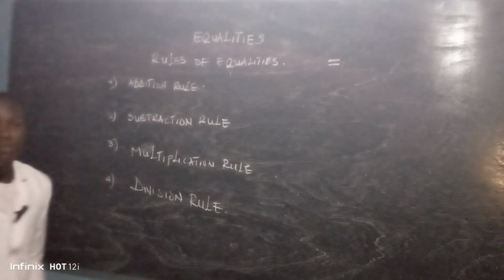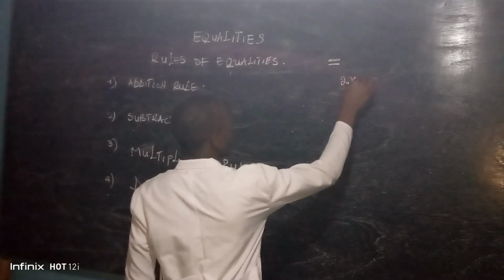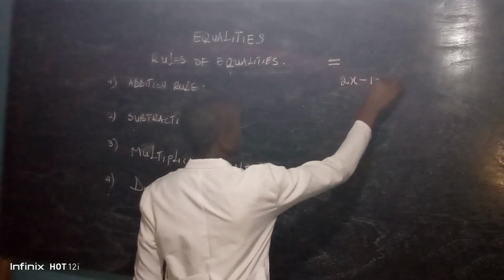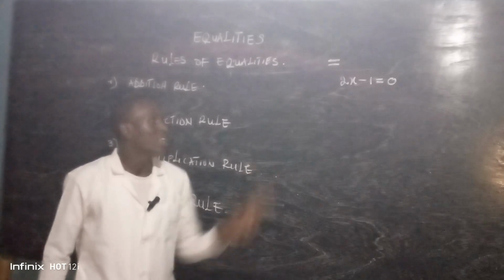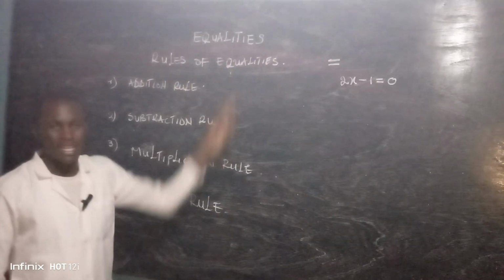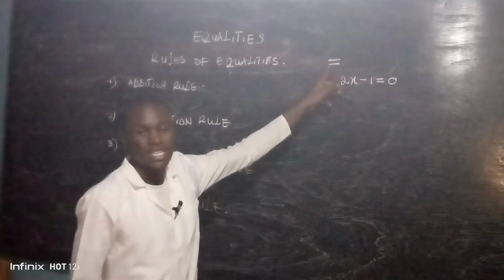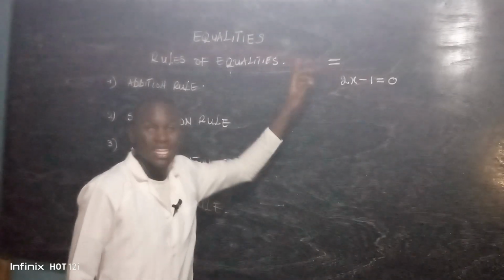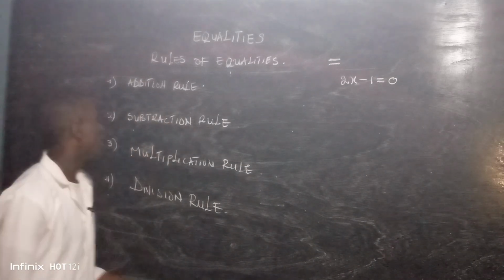For instance, I might have something like 2x minus 1 equals 0. This is basically an equality. Equalities are otherwise known as equations.